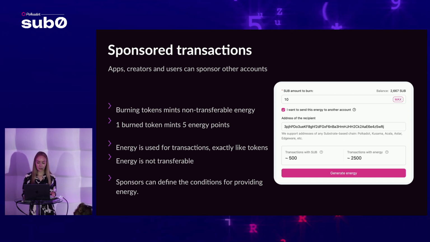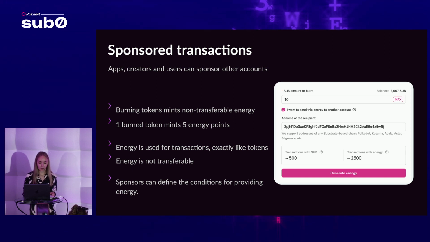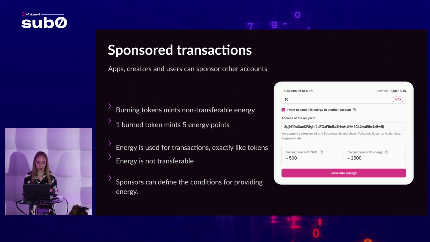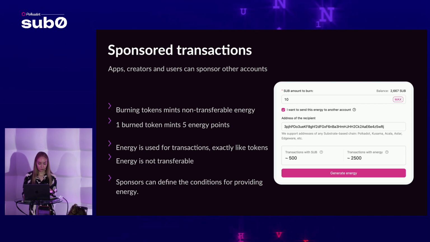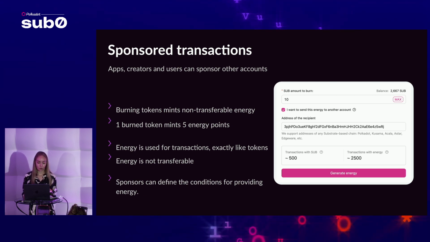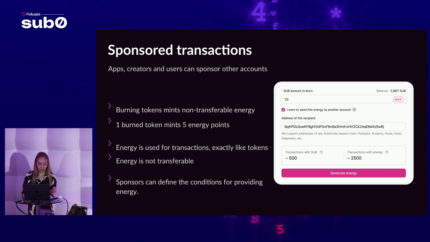So, sponsored transactions. Creators and users can sponsor other accounts. What does it mean? Thanks to our development, any account can burn a token and mint energy, which works with a coefficient. As we can see in this screenshot, with 10 SUB, you can do around 500 transactions. But by turning 10 SUB into energy, you can do around 2,500 transactions. It reduces the cost of using the network by 5 times.